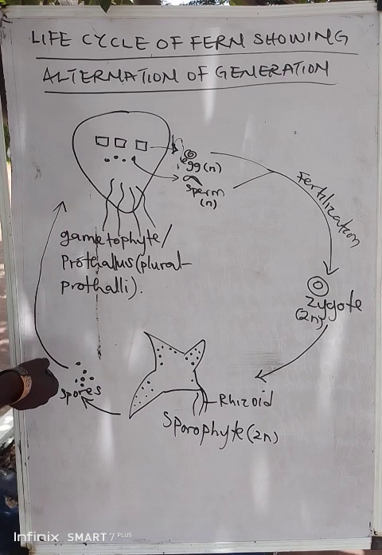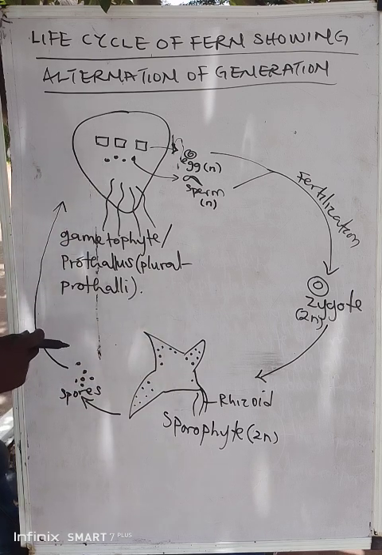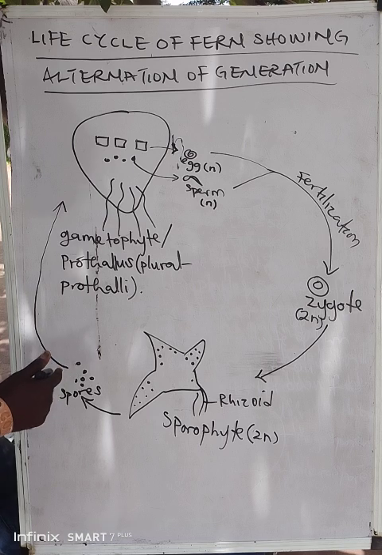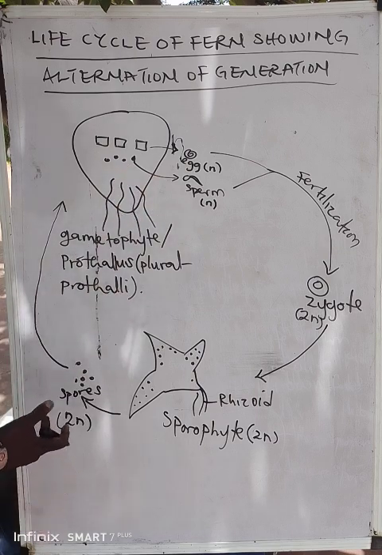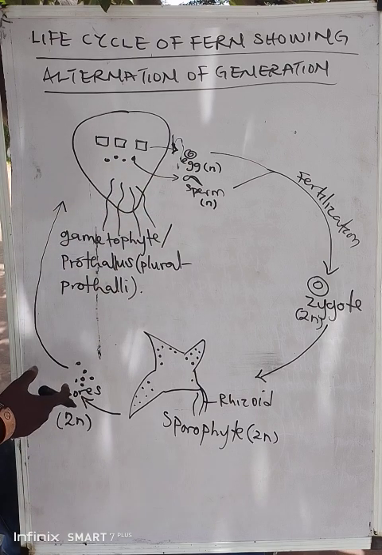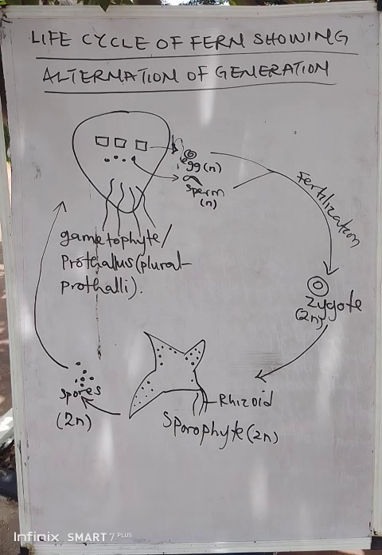And when it germinates, it does not produce sporophyte again, it produces the gametophyte. So what you have here is a life cycle of fern. So the spores now are also 2N. So you have N here. So only the gametophyte now is N. So this is the life cycle of fern, showing alternation of generation.